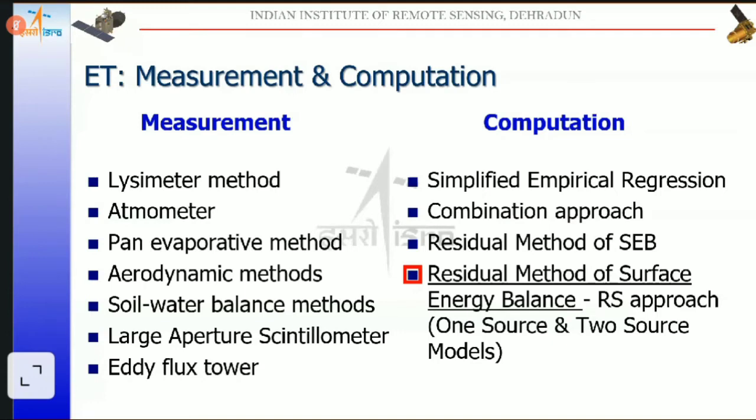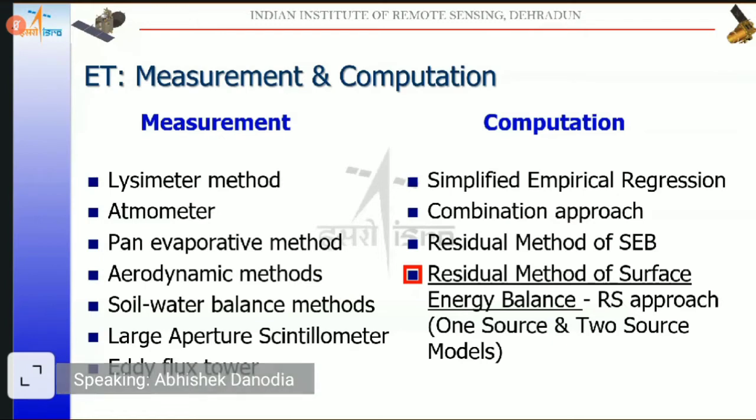Then in this computation process, there are a number of methods. The very first is simplified empirical regression. In this, we can use the difference, or a clear-cut variation, between observed air temperature and land surface temperature, along with the daily or instantaneous net radiation value, and we can further calculate how much latent heat or crop evapotranspiration rate there is at the particular regional or local scale.